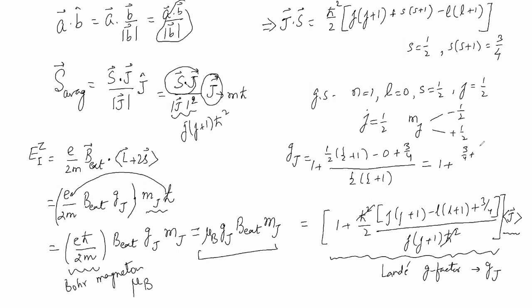Therefore, here you have 3 by 4 upon 3 by 4. And then we have a factor of 2 hanging around here.